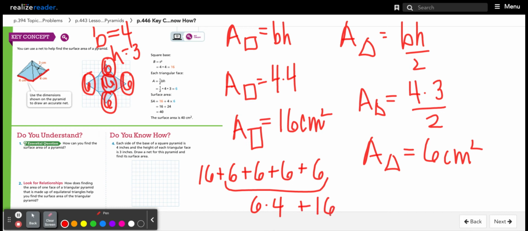So I would have 24 plus 16, which is 40 centimeters squared. So that means the surface area of the whole square-based pyramid is 40 centimeters squared.